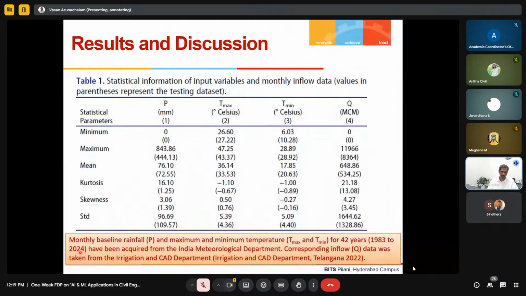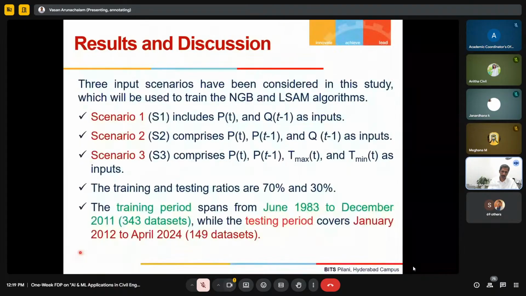That is what was available from the irrigation department. So here, the training period we took from June 83 to December 2011, around 343 data sets, and the testing period is around 149 data sets.